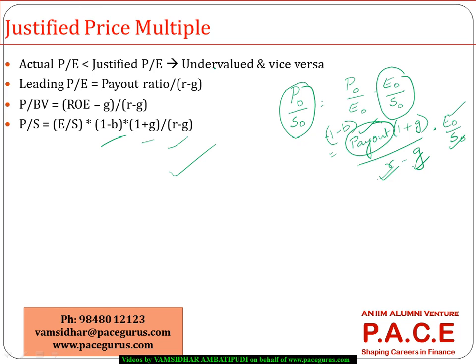So either you may have to remember the formulas, or probably use this kind of an approach which can help us in trying to identify the justified multiple associated with this particular security.